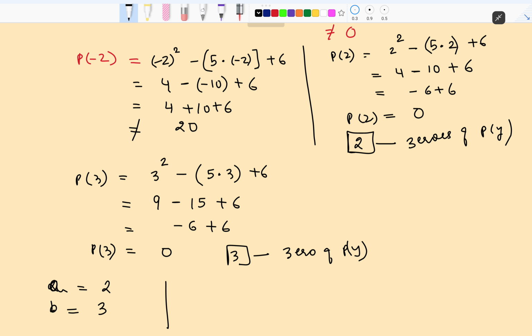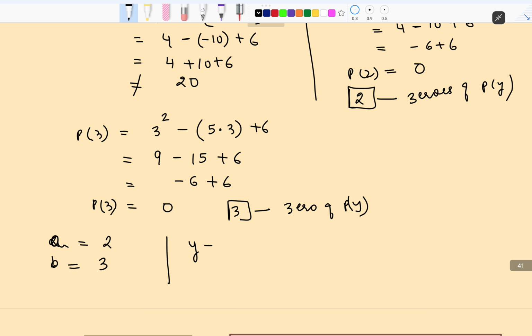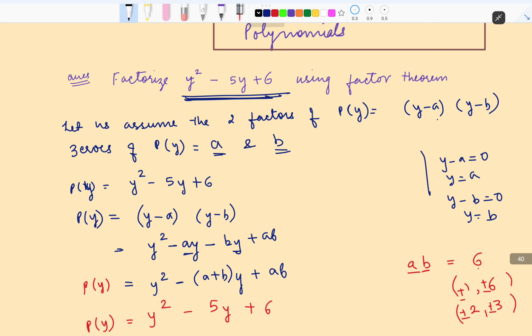If these are the zeros of the polynomial, my factors would be y minus A times y minus B, which will be y minus 2 times y minus 3. So these are the two factors, and this is how you find factors using the factor theorem.